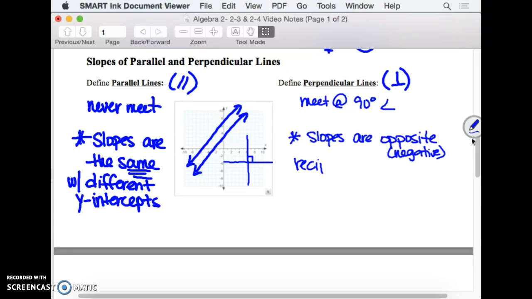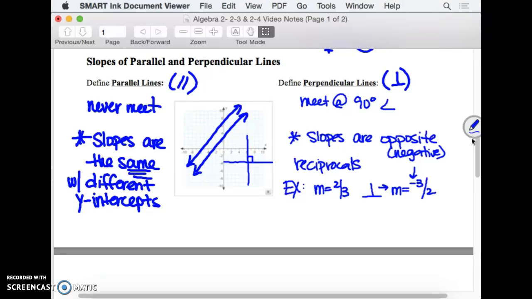Whatever you like, say that. An example of that is if the slope is equal to 2/3, then the perpendicular line to that is going to have a slope that equals negative 3/2.